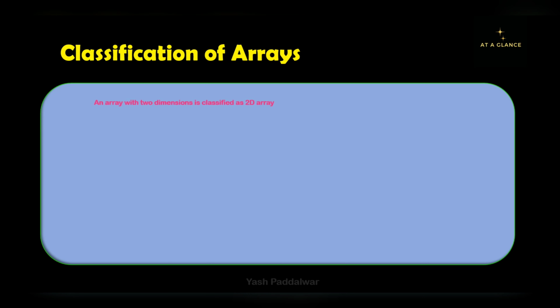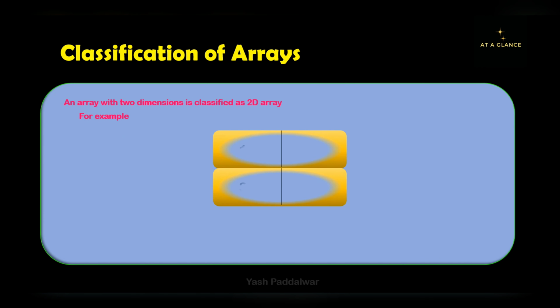Now let's have a quick look at how two-dimensional arrays look. In a two-dimensional array, you can see that the example shows that the array contains elements which are arranged in two directions. The first direction is the vertical one and the second direction is the horizontal one.